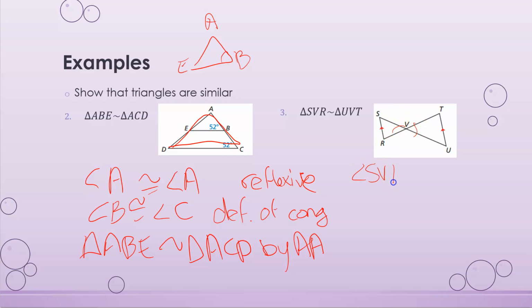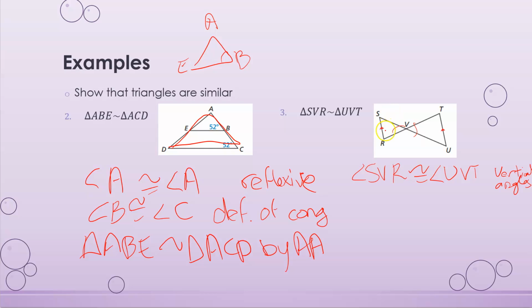Over here, I have angle SVR is congruent to angle UVT, and this is by vertical angles. Okay.